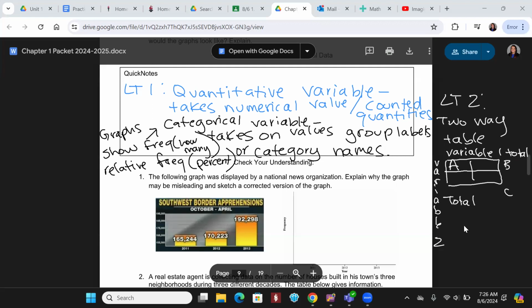We also have the discussion of marginal, which is our total of one variable over our total number of things. So that's B over C.